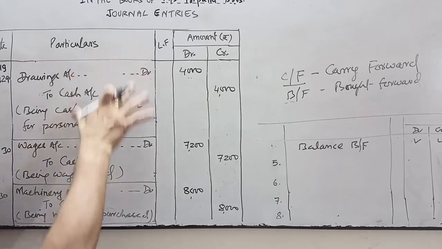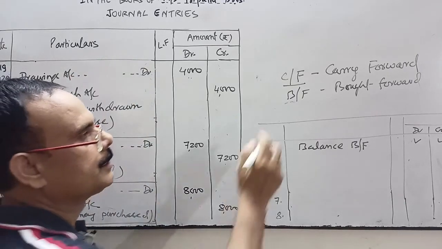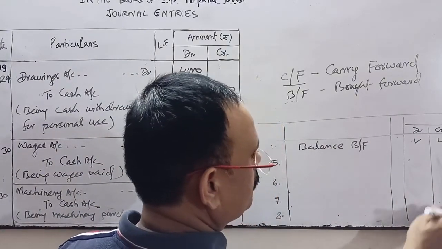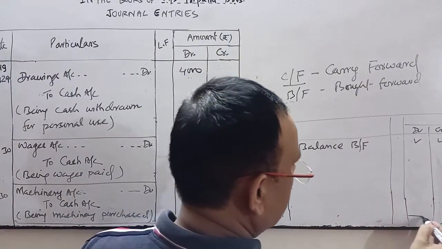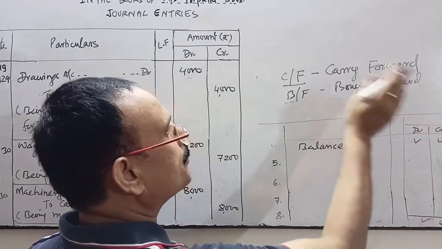Is it clear? All the things are clear? All the journals are clear? So when we do the total of one page in the same line, in the next page this total will be brought forward.